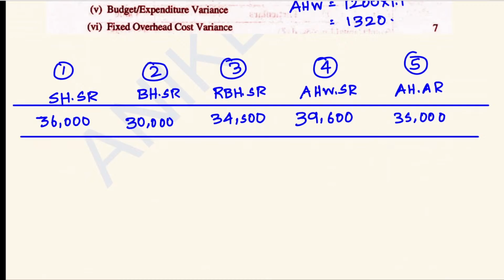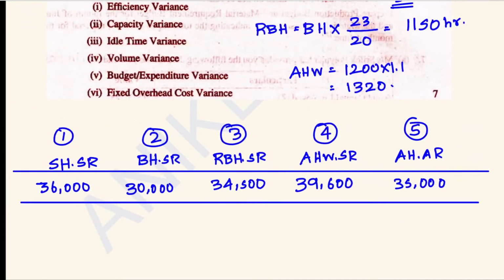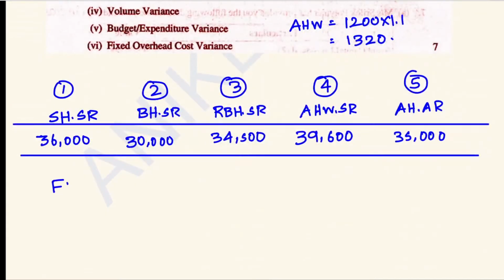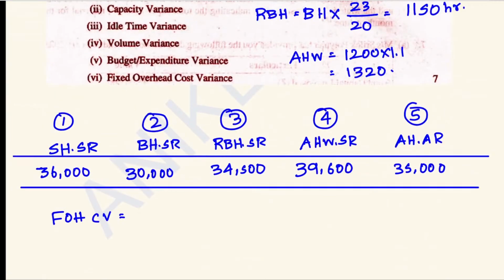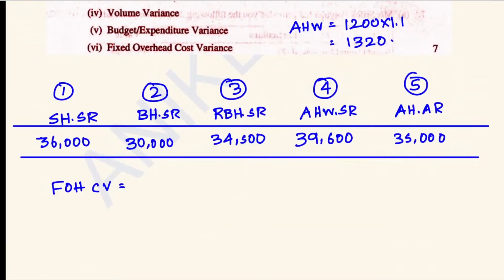Now my job is easy. So fixed overhead cost variance. What is my cost variance? 1 minus 5. So 36,000 minus 35,000. That means 1,000 favorable.